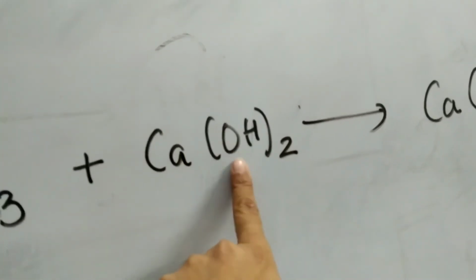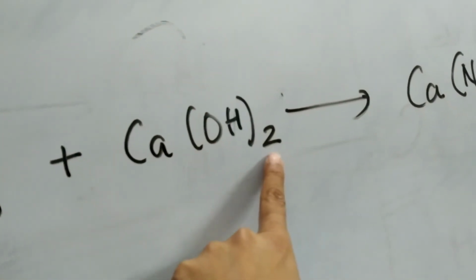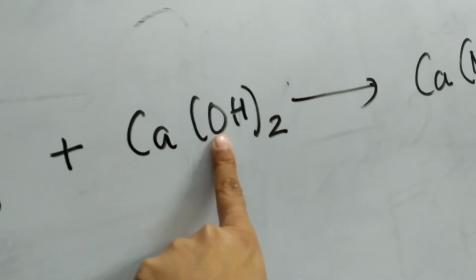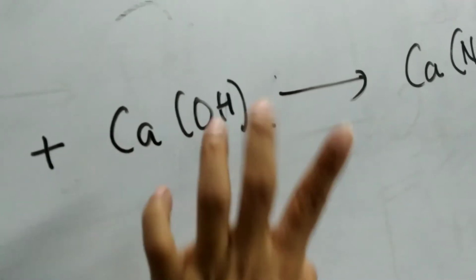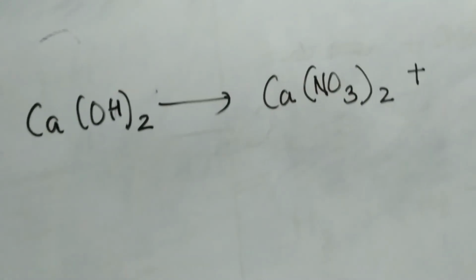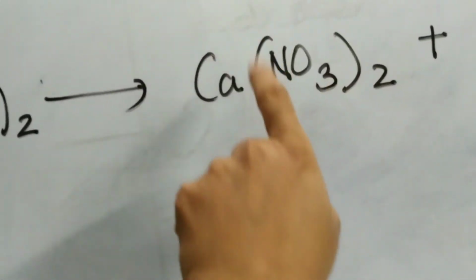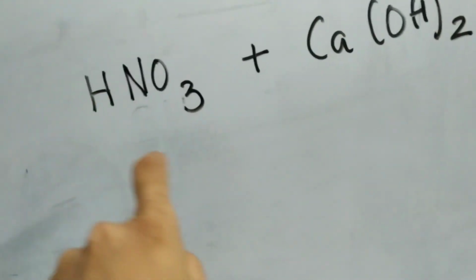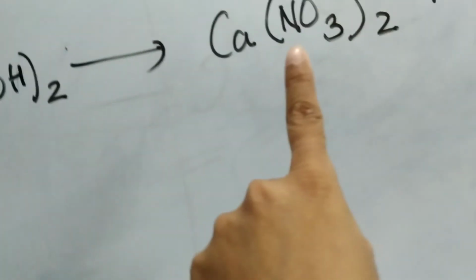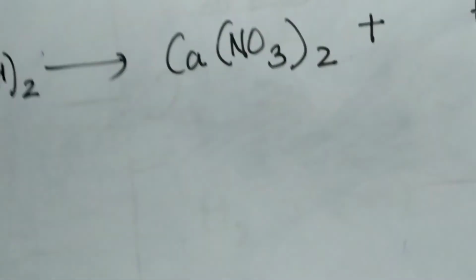Now when it's in a bracket, the 2 outside the bracket is applicable for this O also, and for this H also. Okay. And NO3 is a group. If you see on the reactant side, the group is NO3 only, and in the product side also, the group is NO3.